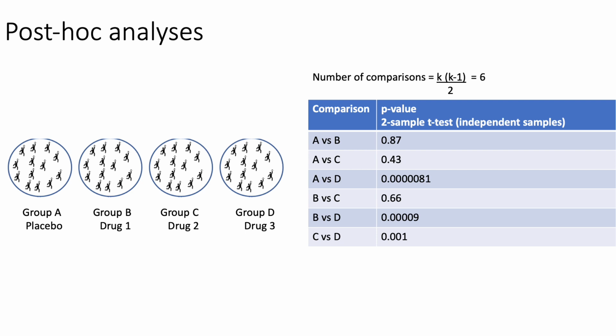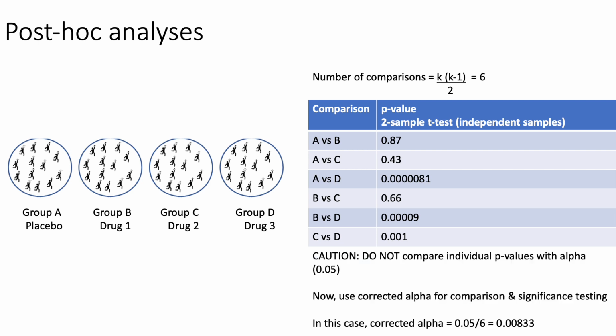For example, when I compare group A versus group B and I subject it to a 2-sample independent t-test, the p-value that I get is 0.87. But a word of caution is I cannot compare that 0.87 against the 0.05 alpha which I introduced in the previous slide. Now I need to correct this alpha for the multiple comparisons that we are seeing in this table above.